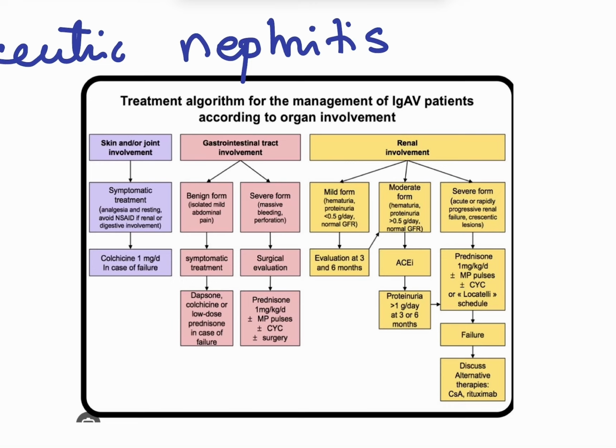Severe form, that is acute or rapidly progressive renal failure and crescentic lesions there, can start patient on prednisone 1 milligram per kg per day or methylprednisolone pulse therapy, that is we give 1000 milligrams of methylprednisolone for 3 days, plus or minus cyclophosphamide immunosuppressive therapy. If it failed, then alternative immunosuppressive can be considered.